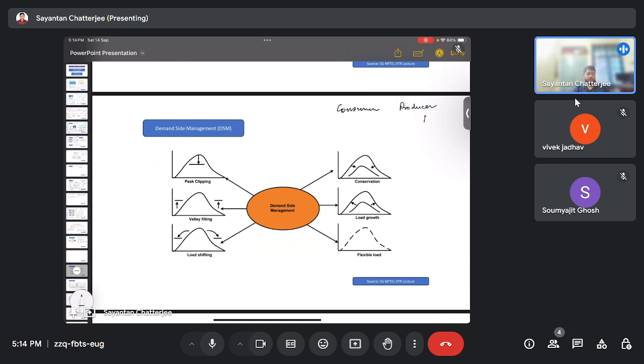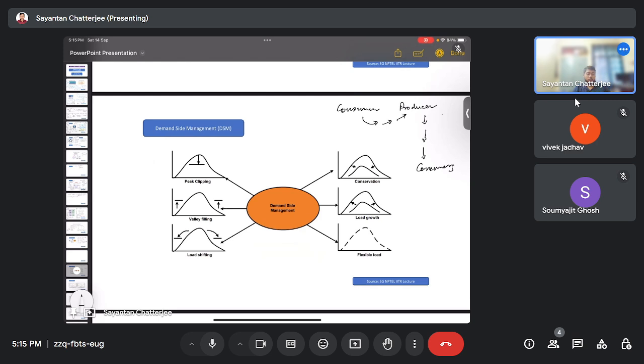Previously it was one line, everything was single line channelized. But now the consumers can also tell their requirement to the producer, and based on that, the consumers do take part in the demand response program.